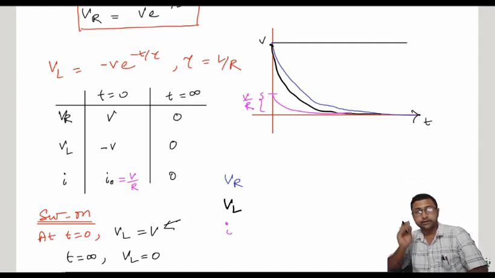Think twice. At t equal to 0, the switch is on, the voltage across the inductor, VL, will be V. That means the same supply voltage appears across the inductor. There is no other voltage drop. The supply voltage is present across the inductor.